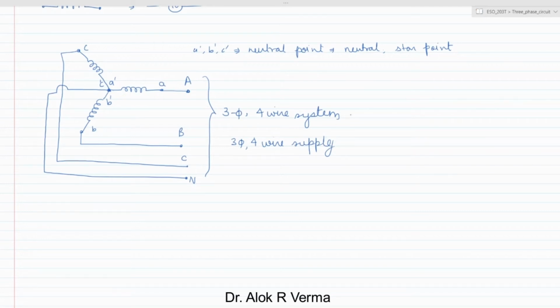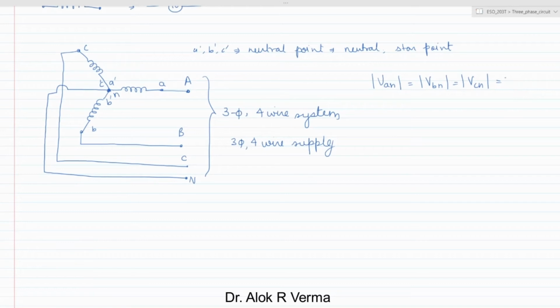The magnitude of all the voltages will be the same. With respect to the neutral, suppose this is marked as N, the magnitude of VAN is equal to the magnitude of VBN, and with respect to each other the magnitude is the same, which is nothing but the phase voltage.